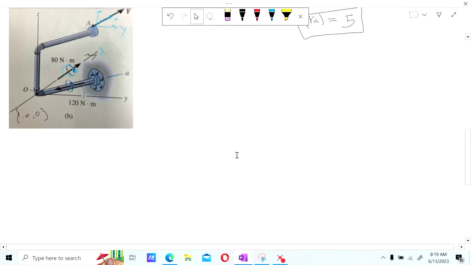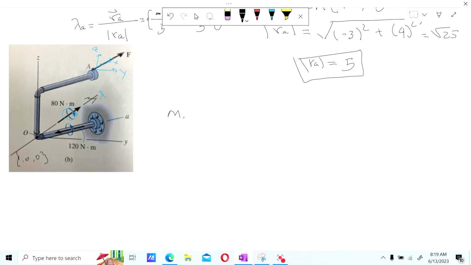So very simple. What we have to do is the moment around A is going to be lambda A dot RA lowercase cross F. Okay, the components of F. And this is equal to, so remember we have lambda A, RA, F. So lambda A is negative 3 over 5 and 4 over 5, 0.